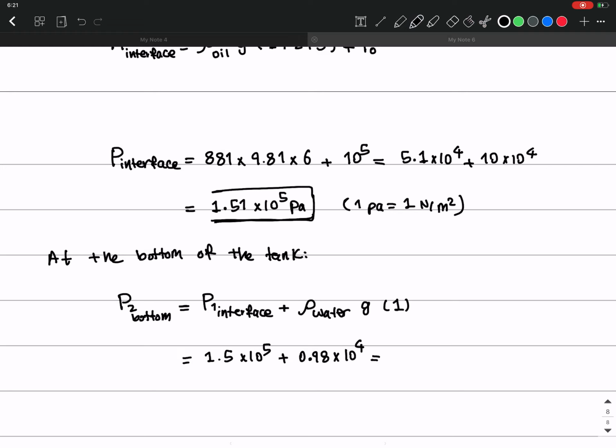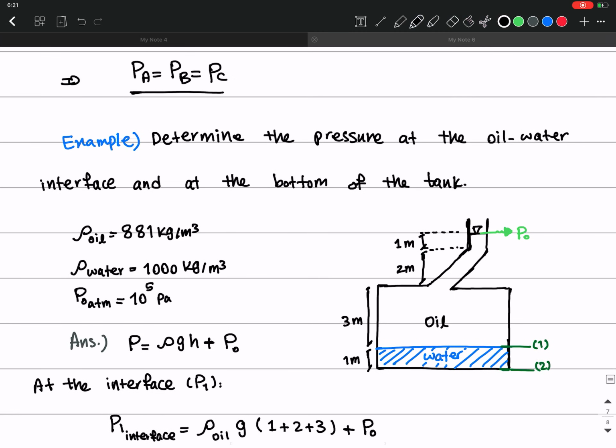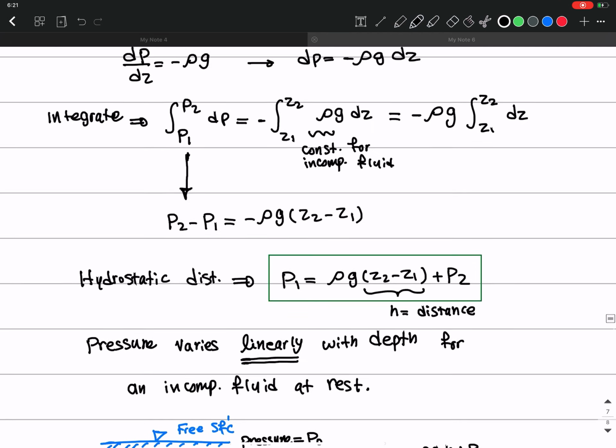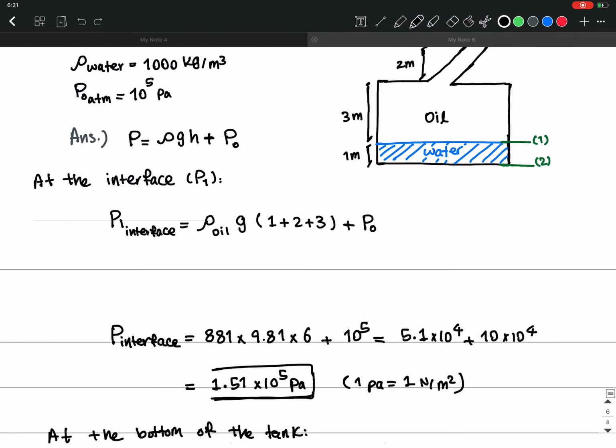If you add these two together, we get 1.6 times 10 to the 5 Pascal. Just plug the numbers into this formula. This is how you can calculate the pressure at different fluid interfaces just by using this hydrostatic distribution.